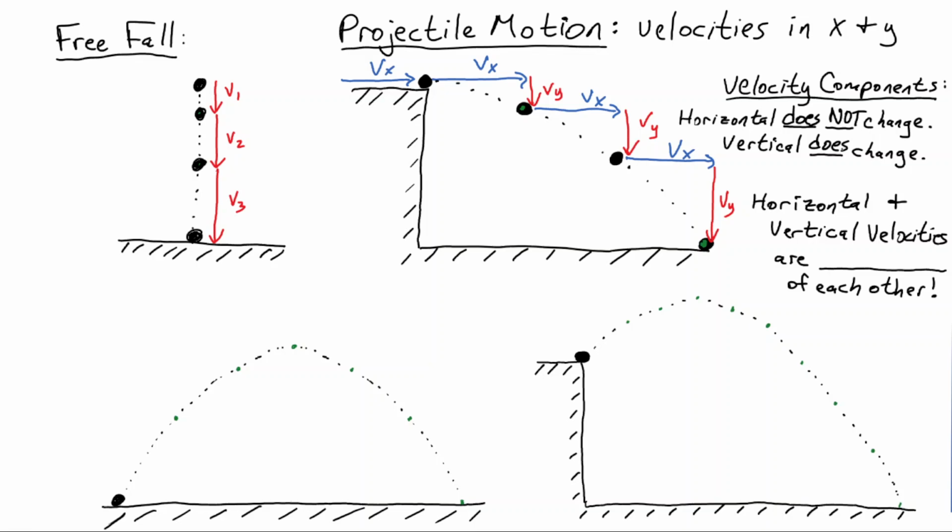The horizontal component of the velocity does not change, and the vertical component of velocity does change. So the horizontal and vertical velocities are independent of each other. They do not affect each other at all.